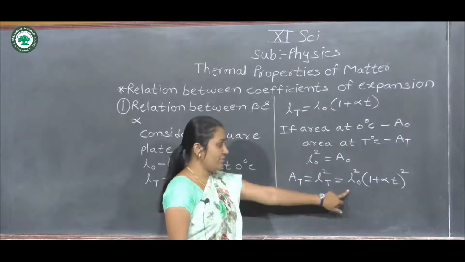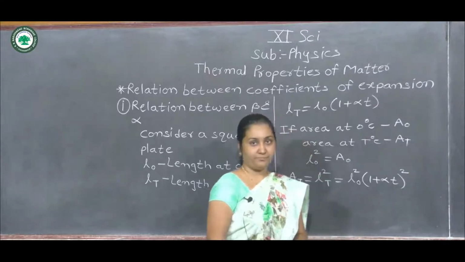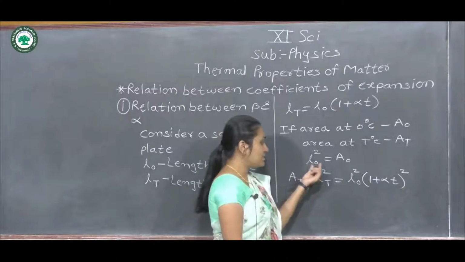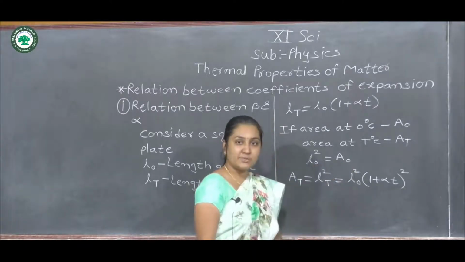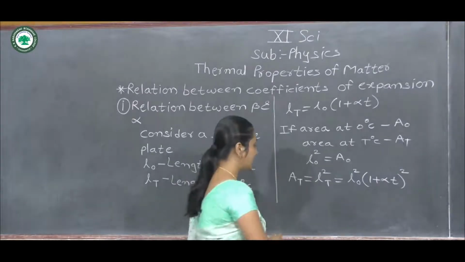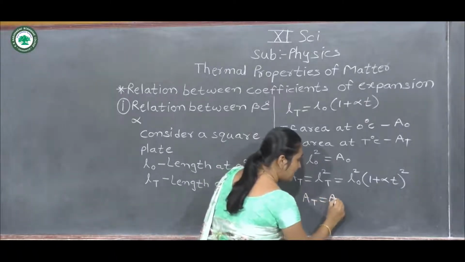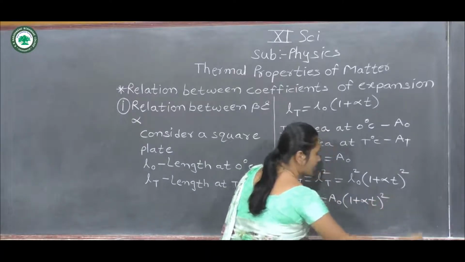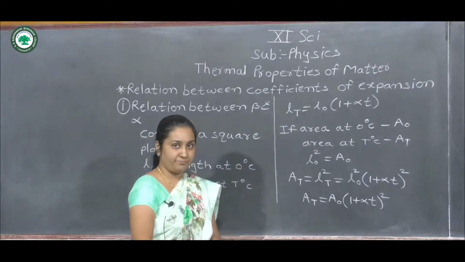So L0 square and 1 plus alpha T bracket square. Here we know that L0 square is nothing but A0, so we can substitute A0. The equation can be written as AT is equal to A0 in bracket 1 plus alpha T bracket square.